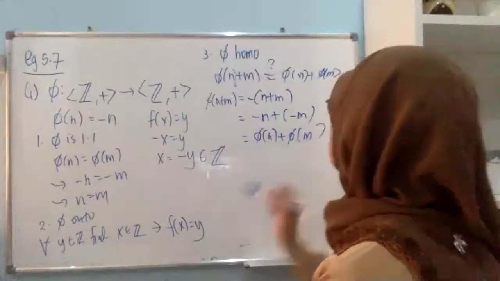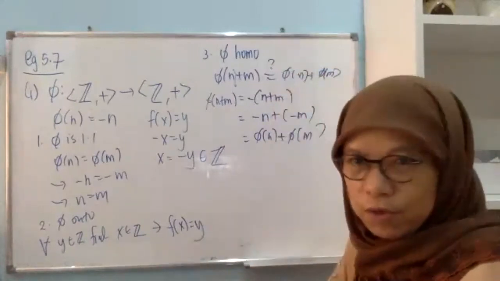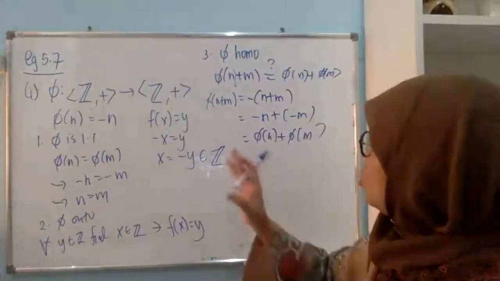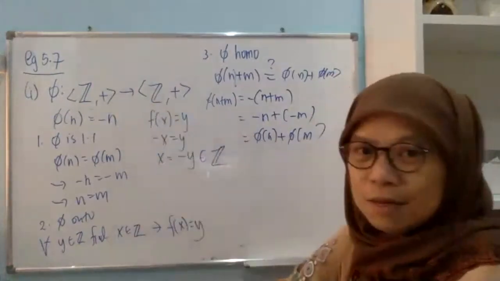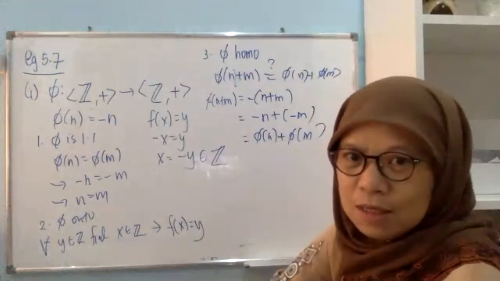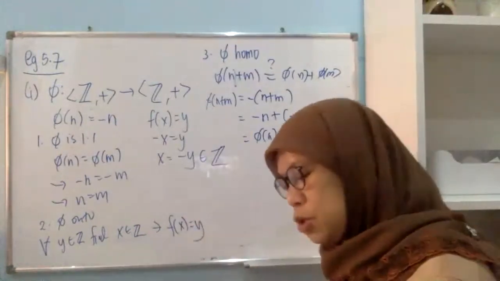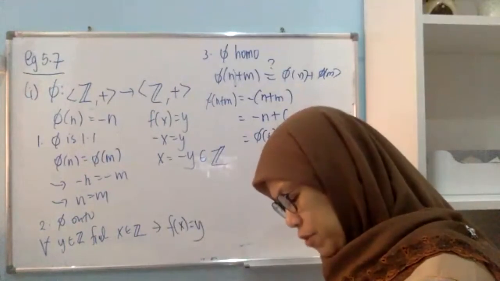Okay, because this is quite straightforward. But you have to make sure they are inside Z, because earlier you saw some of them are not real integers and so on. So this is an isomorphism.